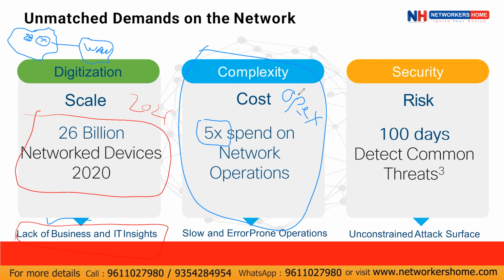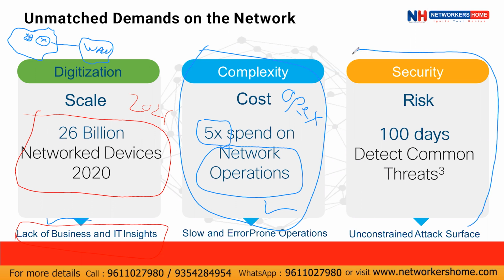For example, if you're spending 10 lakh rupees on implementing the network, you're spending 50 lakh rupees just to manage that network, on network operations. And the ultimate concern of every organization is not met because it's a manual thing.